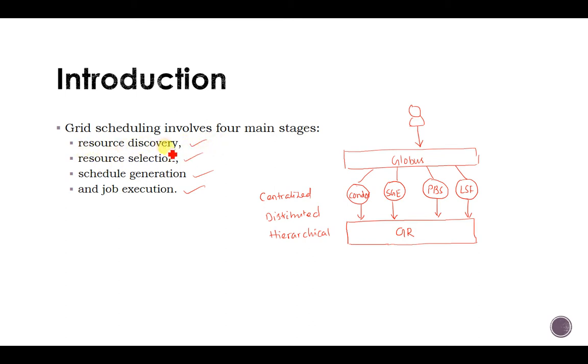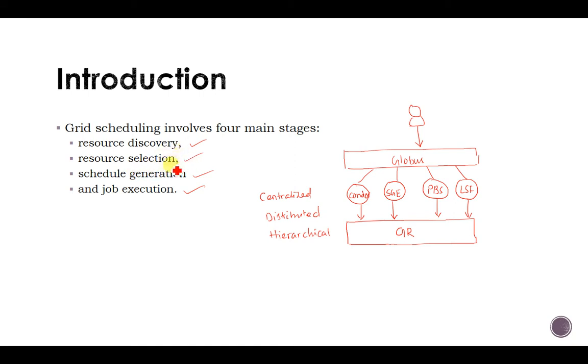Resource discovery means we are searching for and finding the resources available in the grid environment, and that is what we will discuss in the resource discovery part. After you discover the resources, you have to select some of them for your job, and you have to be optimal on that. You should find the resources that exactly match your job requirement. This is what we will discuss in resource selection.